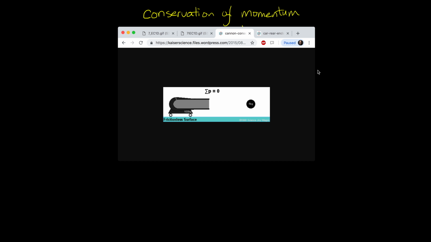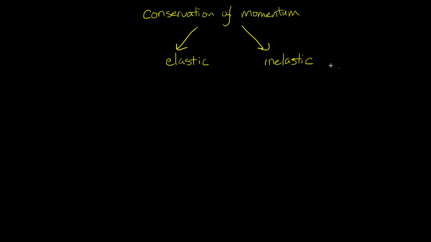Now, note that there is a difference when we're dealing with elastic versus inelastic collisions. In elastic collisions, we stated that both the momentum and the kinetic energy are conserved. In other words, whatever momentum and speeds that both objects had initially, they're going to get that same amount of momentum and kinetic energy after they collide.